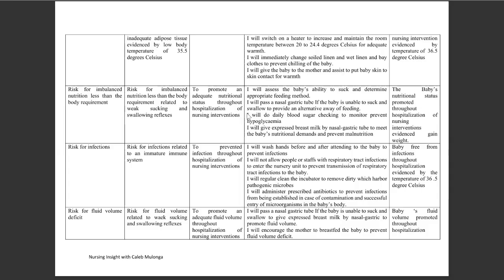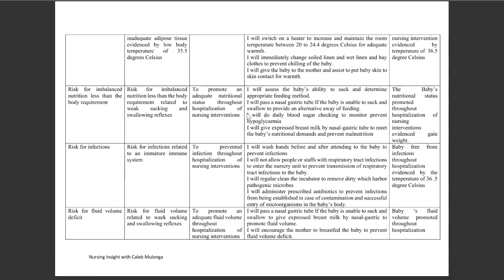Not only that, but babies or infants who are premature, and babies in general, have a risk of infection because their immunity is not yet mature and fully developed. So risk of infection is one of the problems that can be consistently found in the nursing care for our babies or infants.